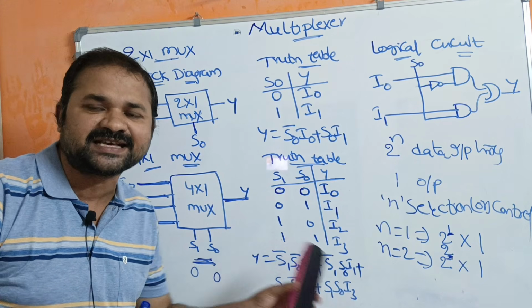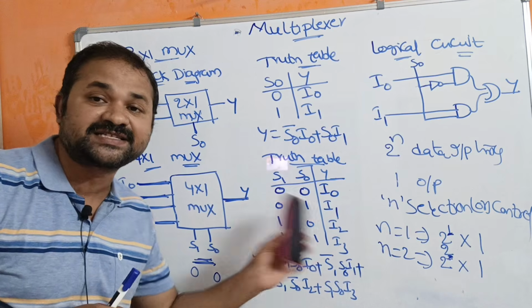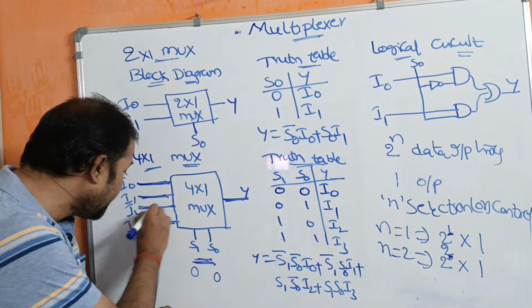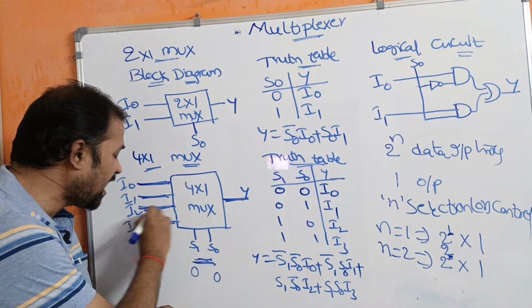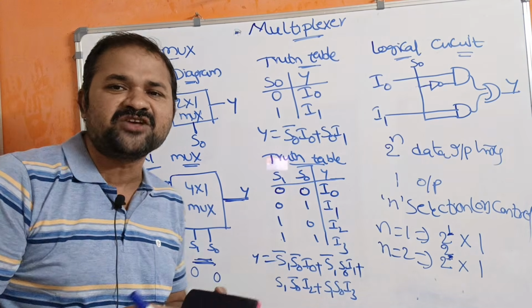If we apply the selection inputs as 1, 0, it is the third input, so the third line, I2, will be active. Next, let us evaluate the expression.